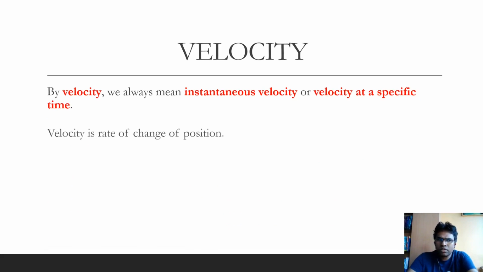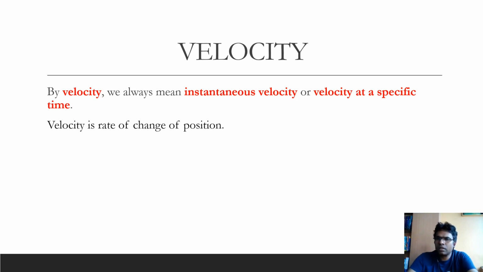So, velocity is telling us how rapidly a particle changes its position. It is interesting to note that it is telling us how rapidly the particle changes its position while the particle is at a particular position in space and at a specific time.